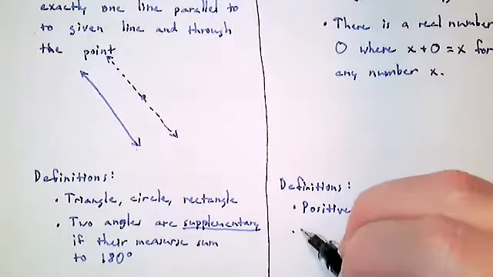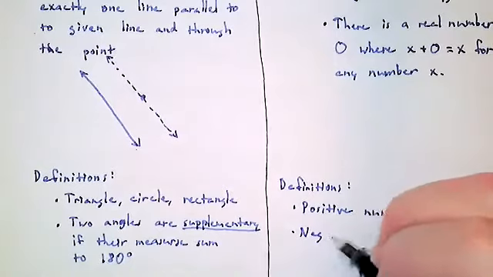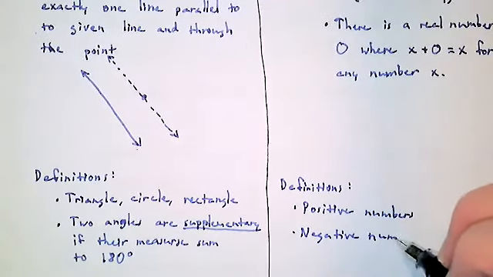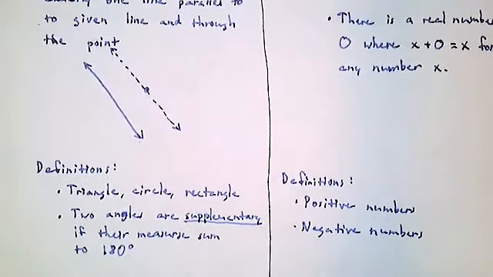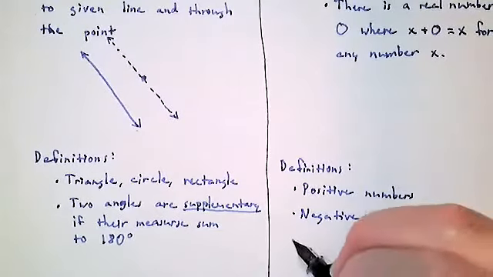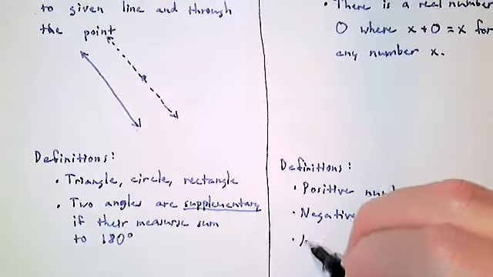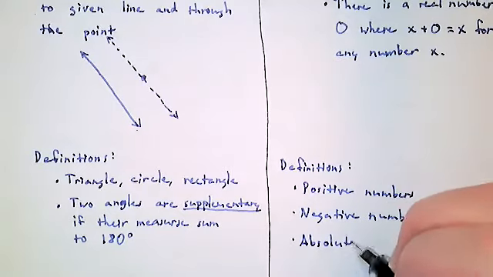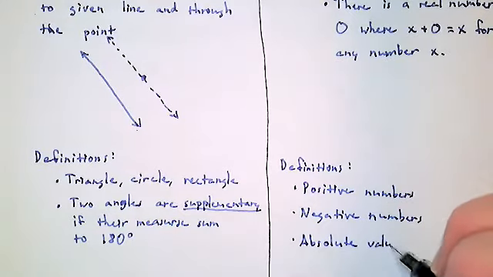And the negative numbers, the numbers less than 0. And there are other concepts like the absolute value. And we could just keep on going on this list if we wanted.